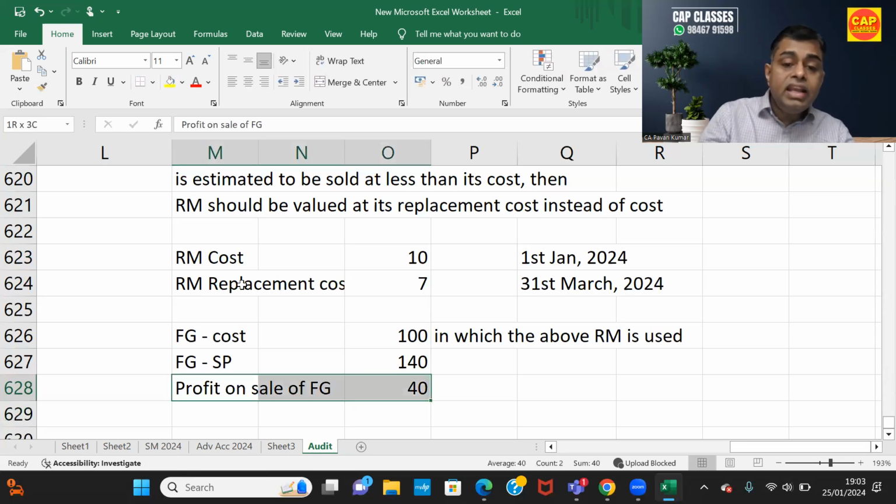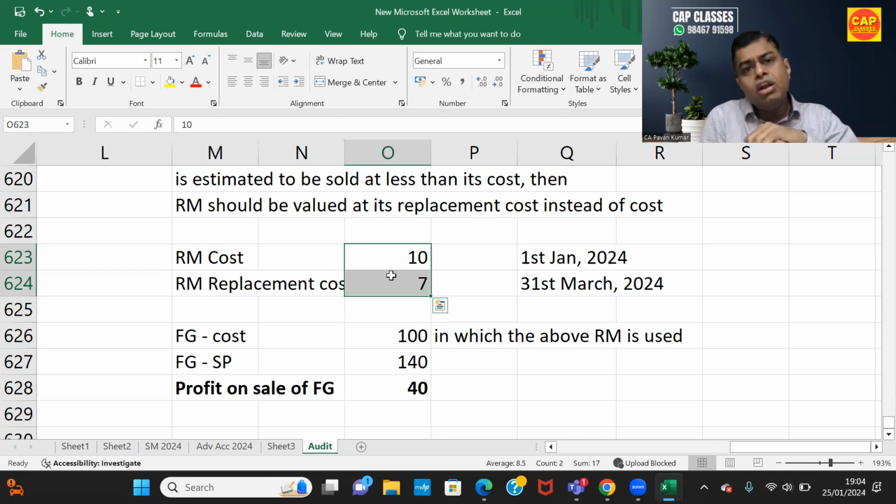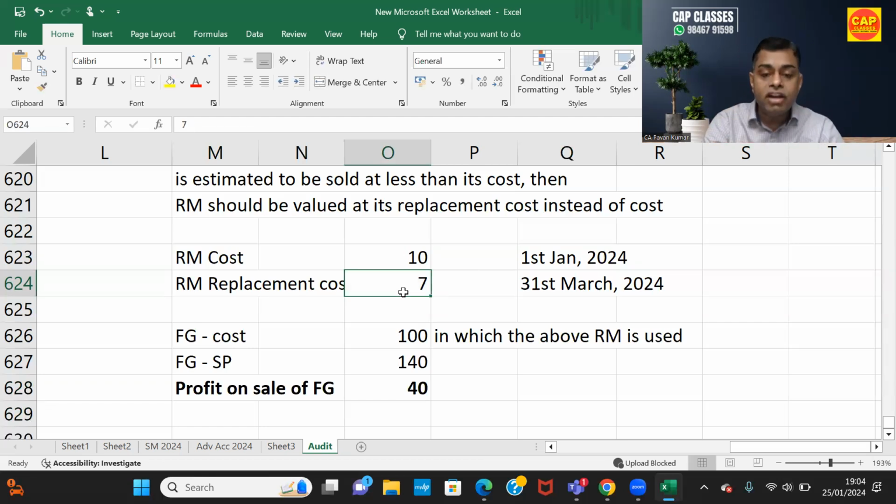So finally, you are using this raw material in some good which is giving you profit only, no? So what is the purpose of booking this 3 rupees loss, which is notional, which is not actual? You bought something for 10 rupees. You used it in something, and that something finished good is manufactured at 100, sold at 140. You enjoyed a profit of 40. So on 31st March, there is a fall in inventory value is irrelevant.